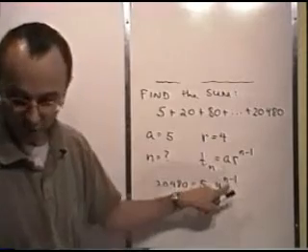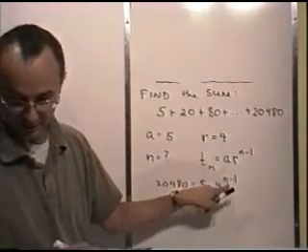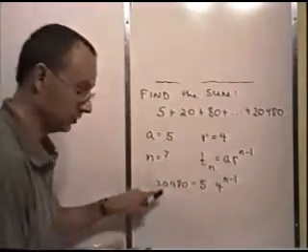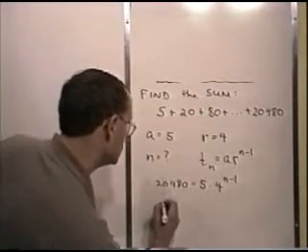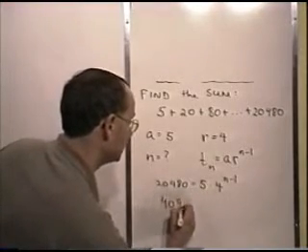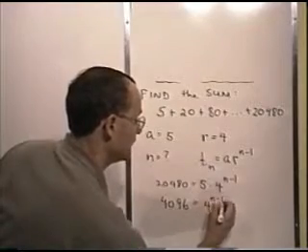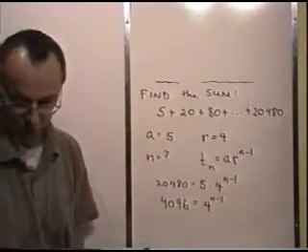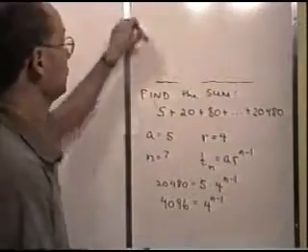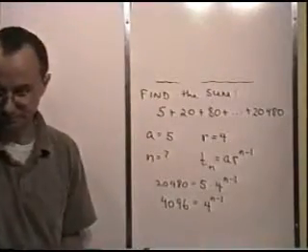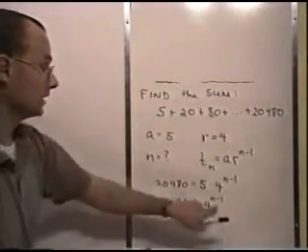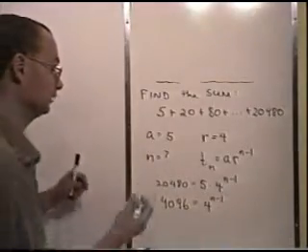I'm going to start this process by dividing both sides by 5. And so this left side turns into 4,096, and that'll equal 4 to the n minus 1. Now I'm probably losing the space here, so I'm going to continue at the top. To get n, I'm going to take logs of both sides.